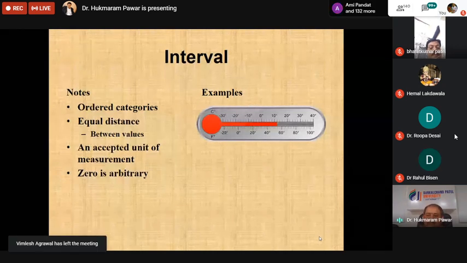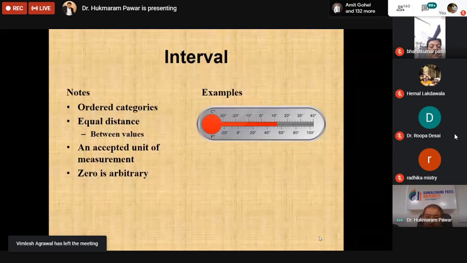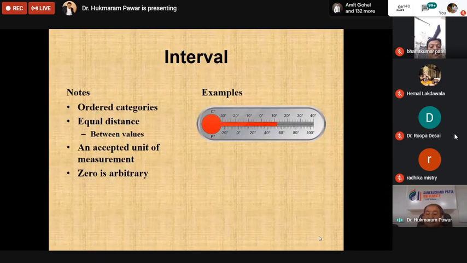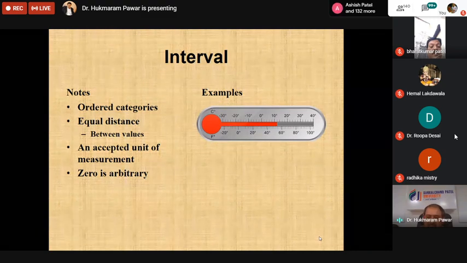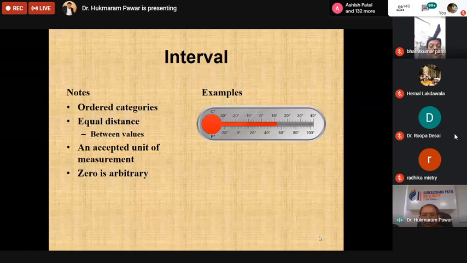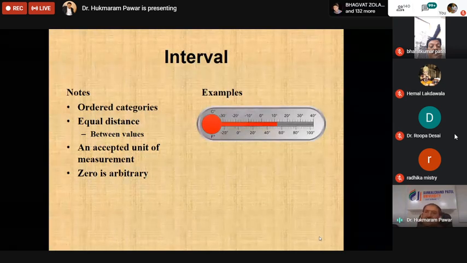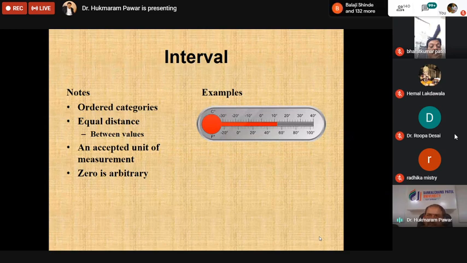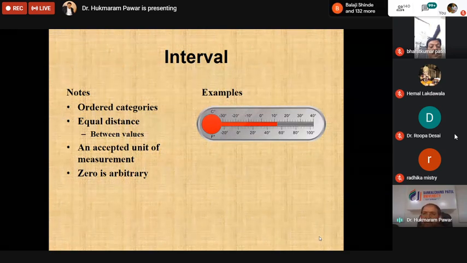But we can't say that 4 is double 2 in time. So here the most important thing is distance. Distance is the same. If you take any scale, any measuring tape, or a thermometer, you will find that the distances are the same. And when the data has the same distances, it is called interval data.